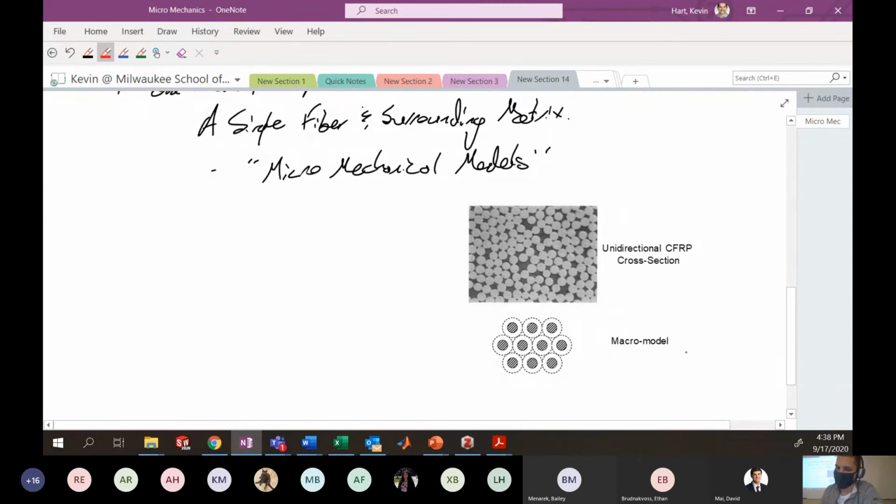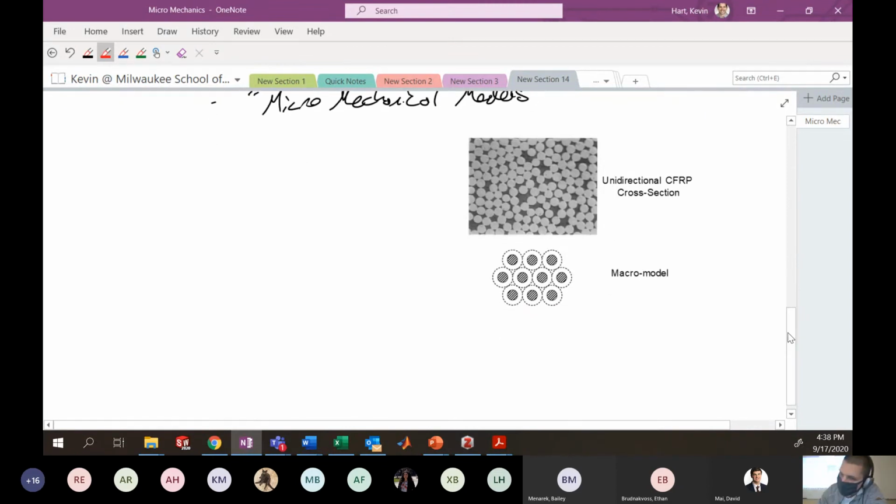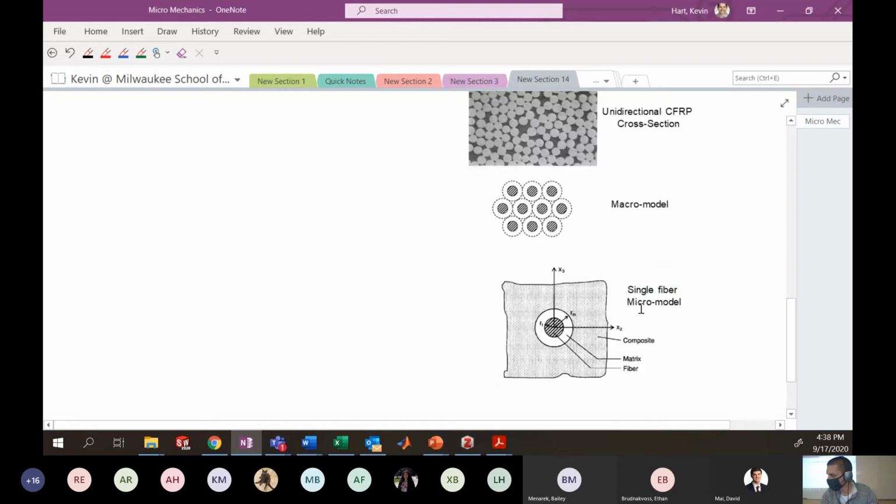And then if you had the smallest element, which is what we're going to do, it would look something like this. Here's more or less your single fiber model. You have this big surrounding composite, which is just quote unquote the rest of the stuff. And then here's your matrix material, and here's your fiber material.